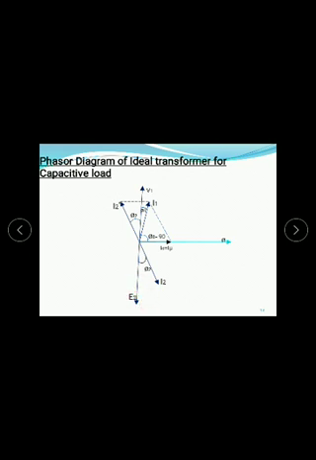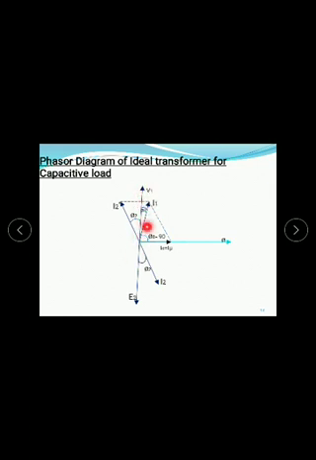See here, when projecting, I2 comes in this way, I2 dash. So here the flux is the reference, and this is V1.